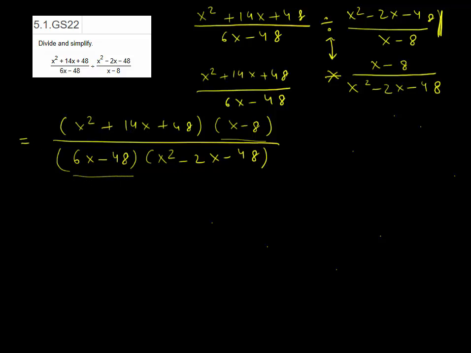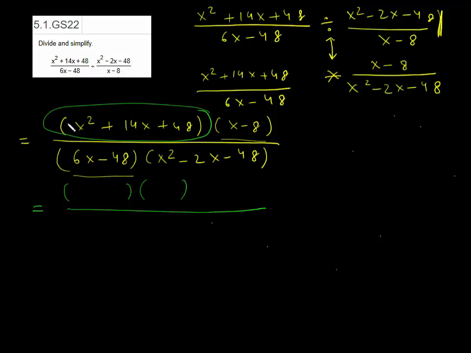So the next step would be to write the factors of the first polynomial or quadratic expression, whatever you want to call it. Because it's a quadratic, it will have two factors. If you don't remember how to factorize it, let's quickly go through the process.